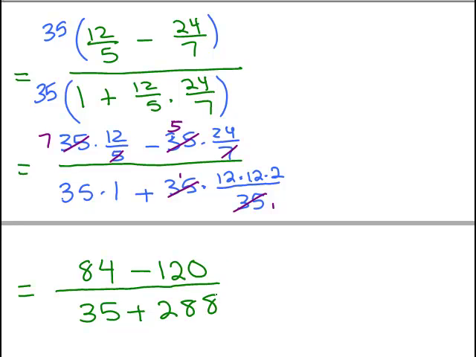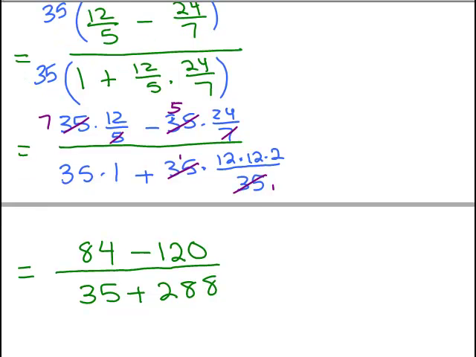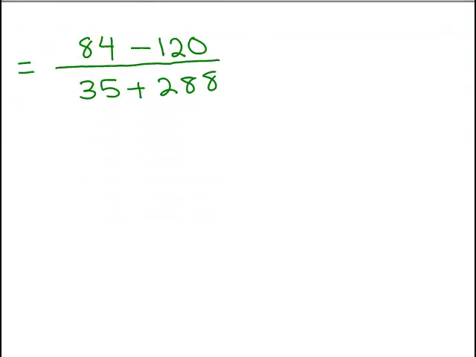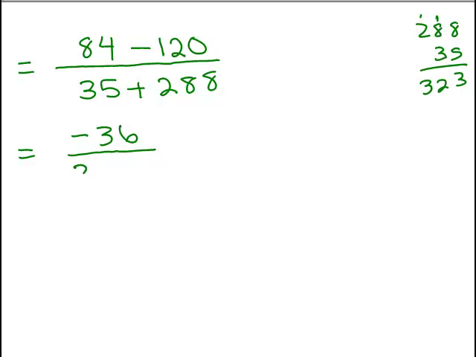Now, you could use your calculator to get that as well. You could have just done 12 times 24. So 84 minus 120, that's negative 36. And then 288 plus 35. I can't do that in my head. 323.